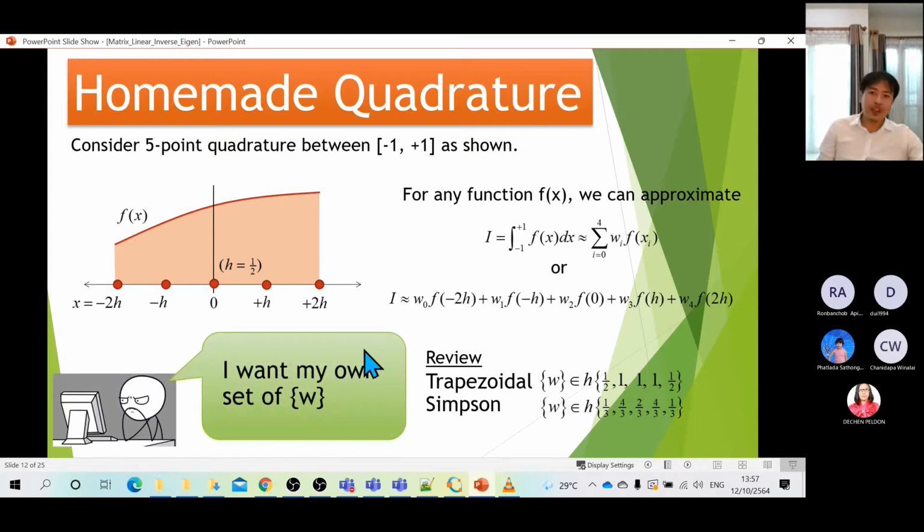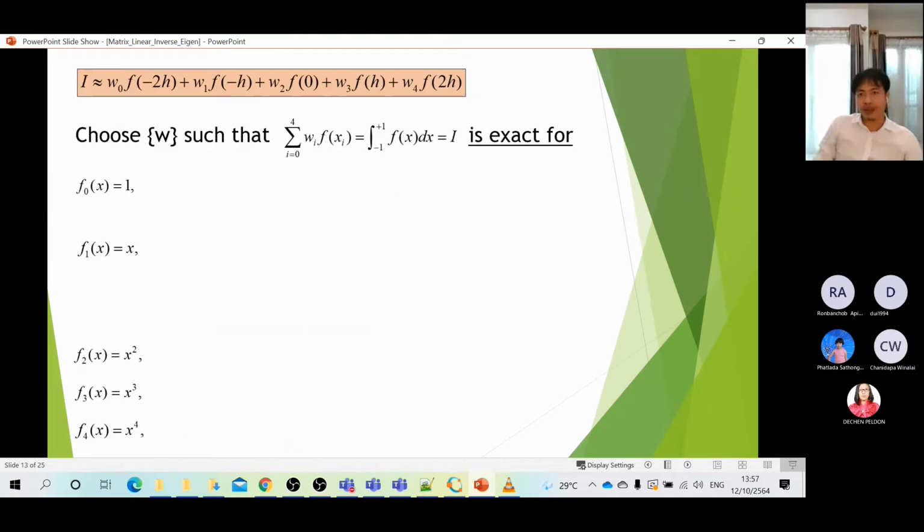Now, this thinking guy wants to know his own set of W. Can we come up with our own set of W and then use matrix and vector to do the things for us? Can we do that? Now let's put that idea there. Now, of course, it's not going to be possible for this method to be exact for every function.